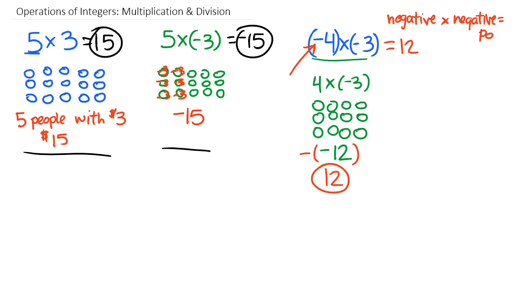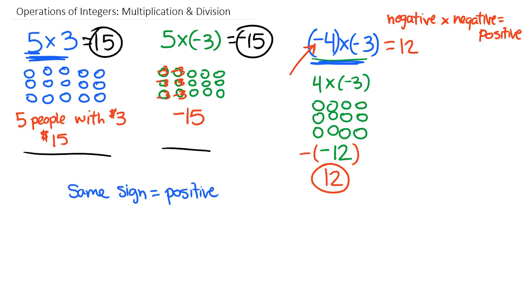And what we then can conclude is that if we have the same sign, in terms of they're both positive or they're both negative, we are going to come out with a positive solution.